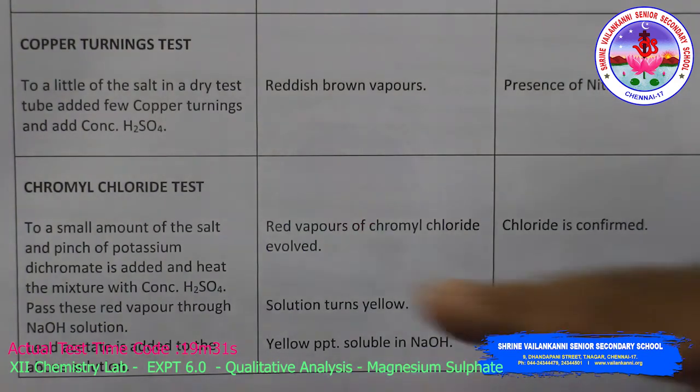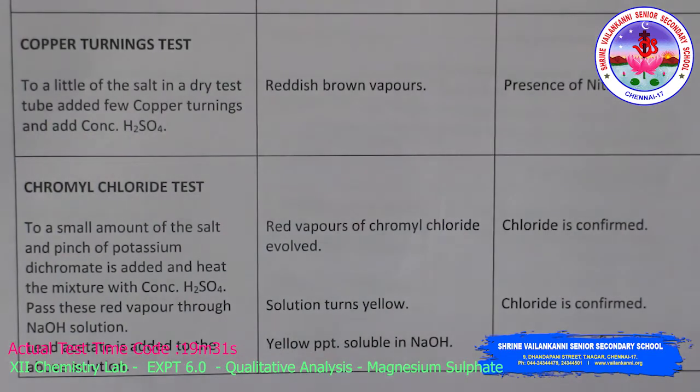Then the chromyl chloride test, a very important test, the confirmation test for chloride. To a small amount of the salt, a pinch of potassium dichromate is added and heated. Then add concentrated sulfuric acid, and pass the red vapors through sodium hydroxide solution.